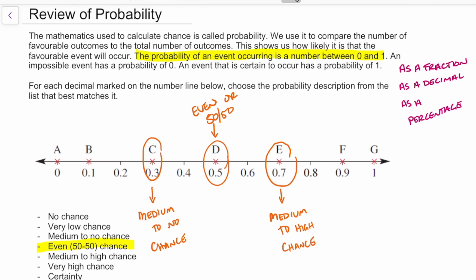So this one is where you're about halfway or so the other way, okay? Either side of that now, we've got the very low chance. The very low chance, and on the other side, of course, we have a very high chance.